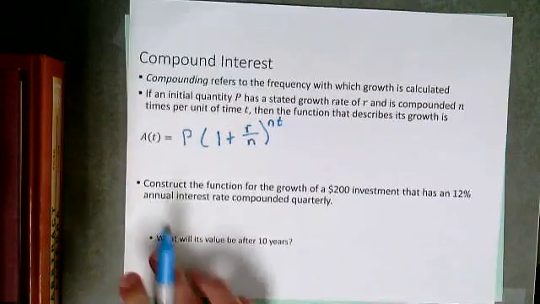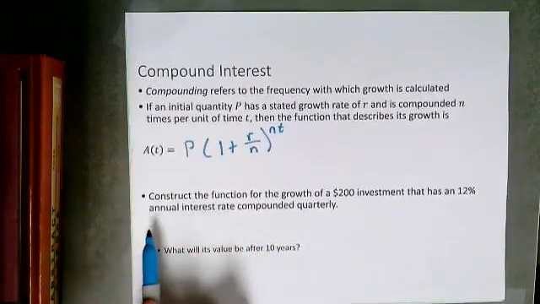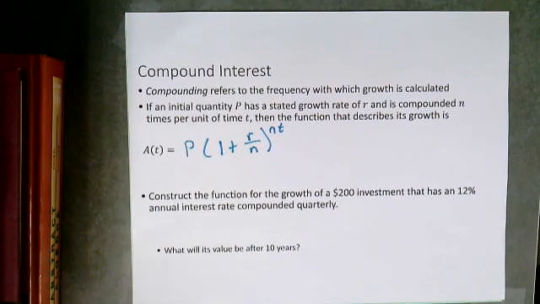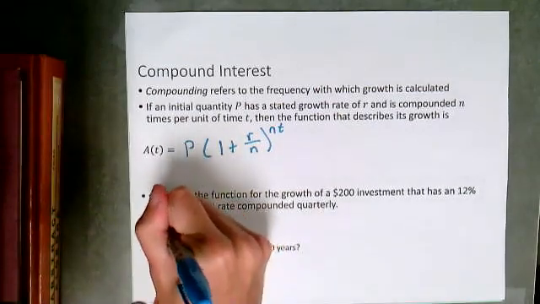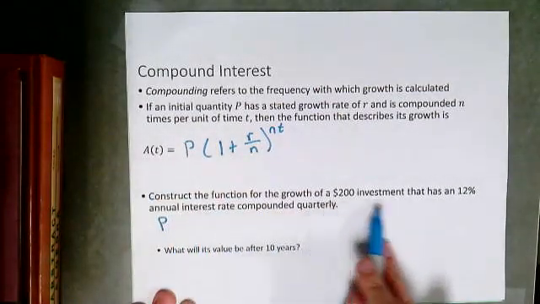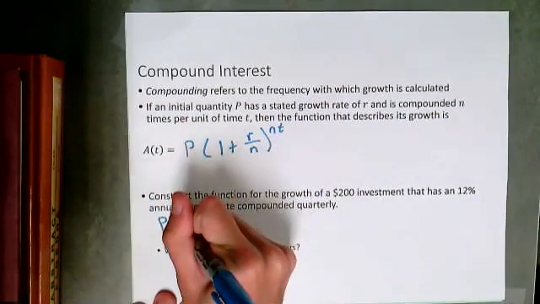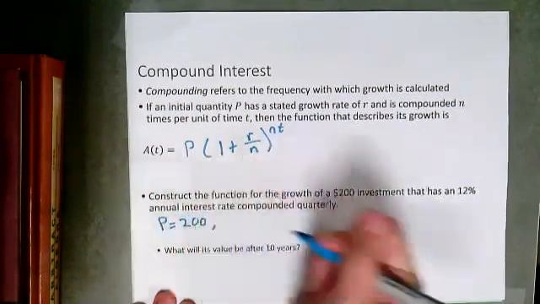So for this example, if we want to construct a function for the growth of a $200 investment that has a 12% annual interest rate compounded quarterly, well, it gives us all the information we need. We just have to find out where everything plugs in. First off, it says a $200 investment, so our initial amount, our P value, is $200.